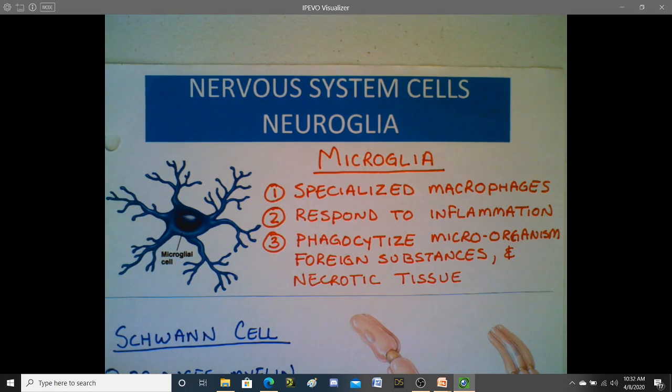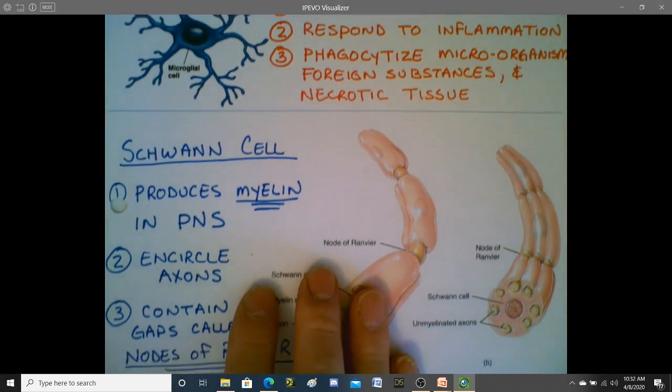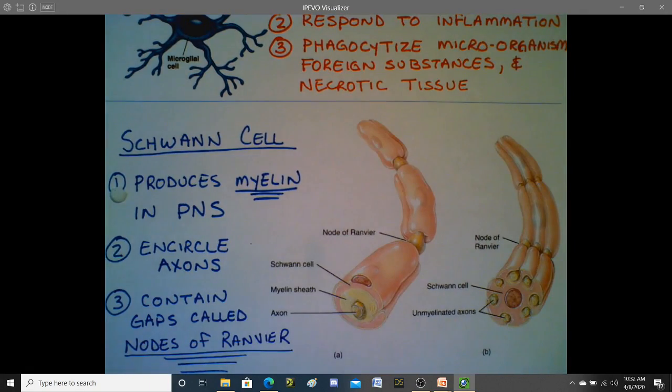Okay, now the final glial cell is a cell called a Schwann cell. Now, Schwann cells are going to be doing the same thing as oligodendrocytes. They're going to be making these myelin protein insulation sheaths, but they're going to be doing it in the peripheral nervous system, not the central nervous system.